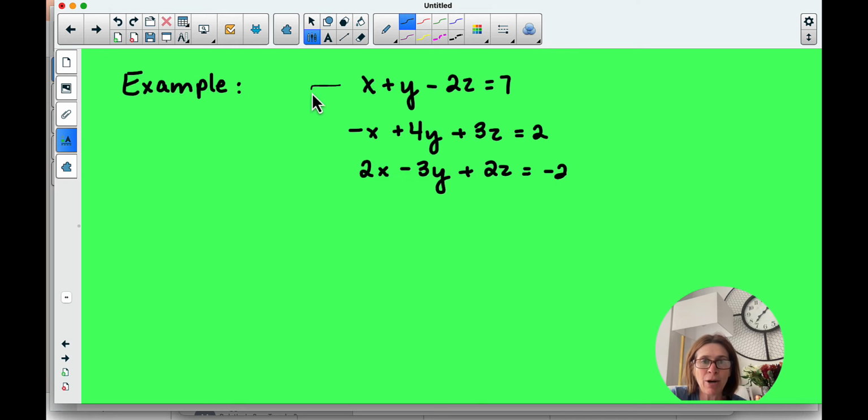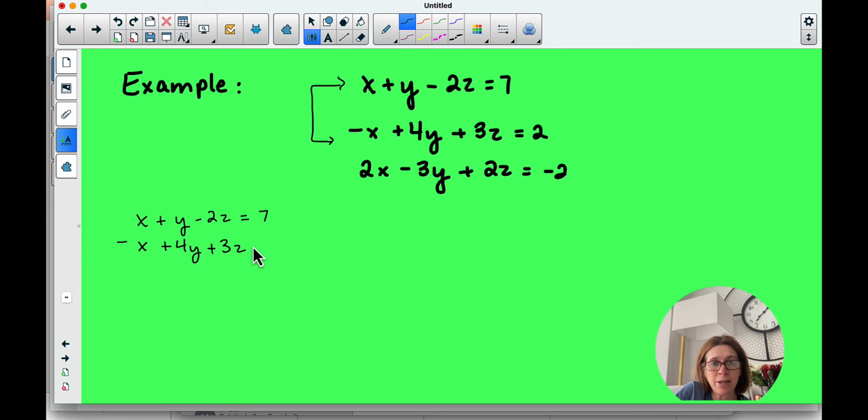If I pair up equations 1 and 2, these 2 right here, x plus y minus 2z equals 7, and -x plus 4y plus 3z equals 2. Well, I can see that if I use elimination and I add the equations together, I'm eliminating x because they're opposites. So I'm going to go ahead and do that. That's going to give me 5y plus z equals 9.